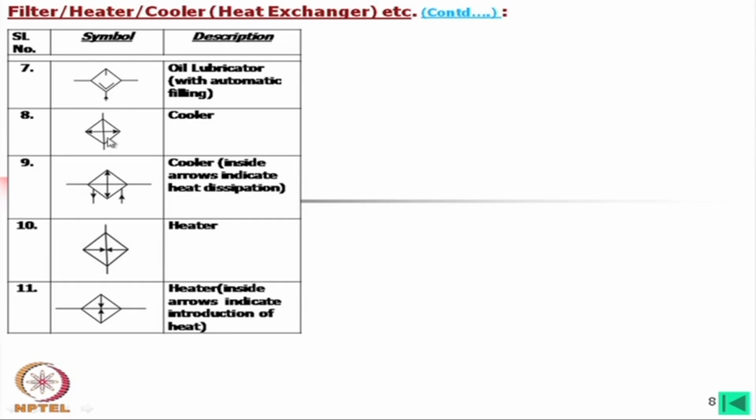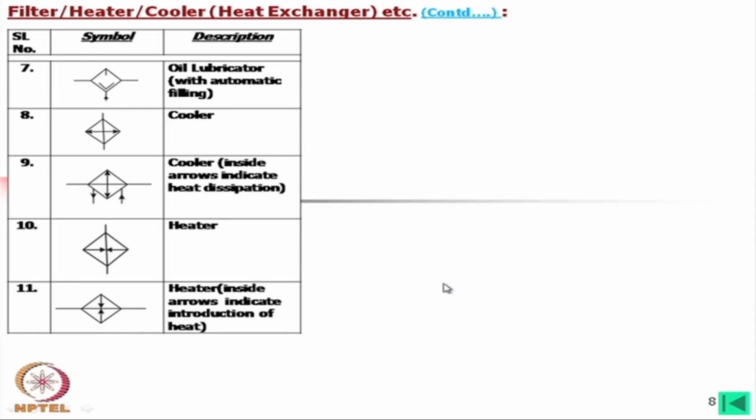Just look at the difference between the heater and cooler. This is also a heater. Inside arrows indicate the introduction of heat. Yeah, it might be like this or it might be like this, we can put it in any direction.